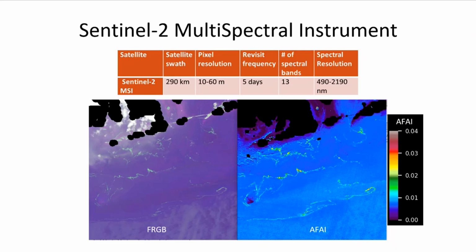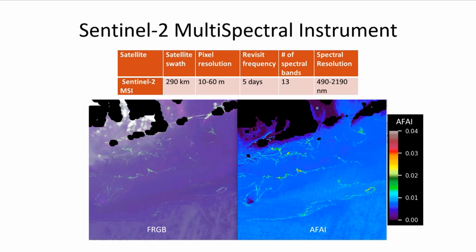I use the Sentinel-2 multispectral instrument, which has a 5-day revisit frequency, 13 spectral bands, and 10 to 60 meter pixel resolution. Of the 13 spectral bands, I use 5, the 5 that I need to create the floating algae index and create false red, green, blue images.